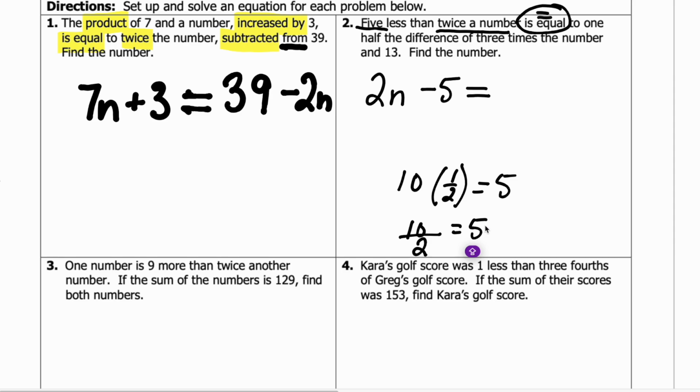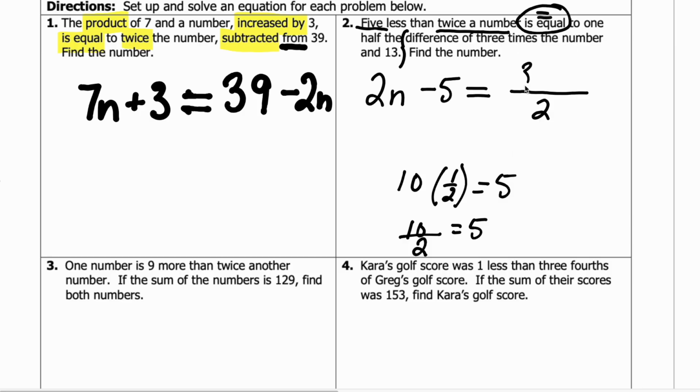So if we are looking at this problem and they say one half of the difference of 3 times the number and 13, I'm going to put this in parentheses, take whatever that expression is, and divide it by 2.